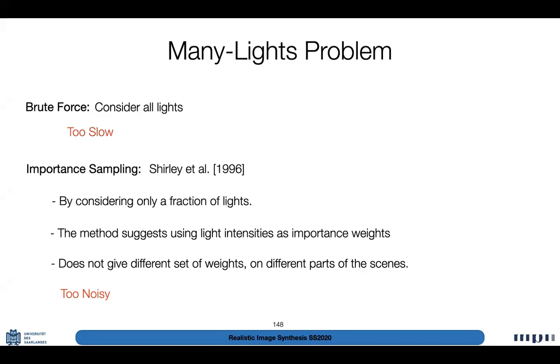There is another way to look at this approach: you can perform importance sampling, which was introduced by Shell and colleagues, where importance sampling is performed with respect to the power of the light sources, which means the importance weights are the fractional power of the lights. This method works, but it is also too noisy.